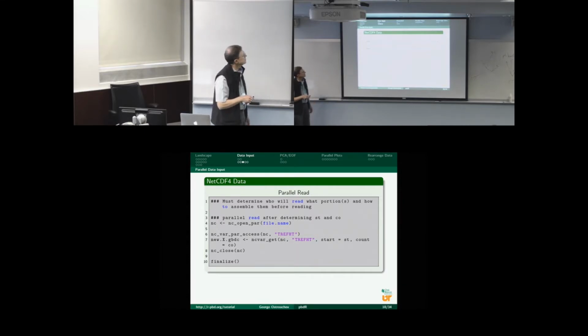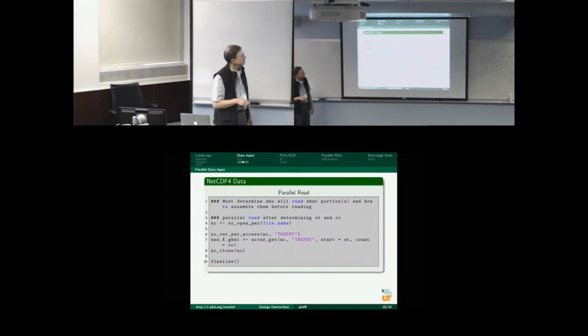So what happens here? This opens the file. This one sets up a particular variable. This is a variable name out of that file for parallel access, for collective parallel access. And then ncvar get is the one that actually reads it.